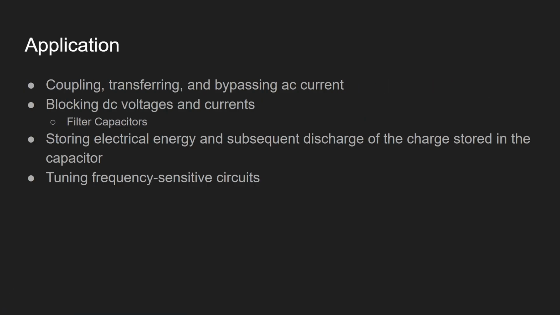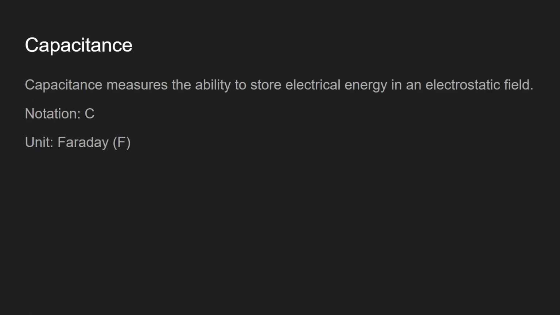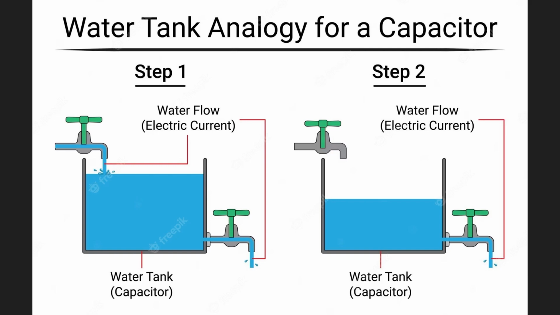Storing energy. I have to go to the next slide first. Why can we store energy? A capacitor actually looks like a water tank. We fill electricity in it. When we use it, we just open the tap and the energy will be released. So this is how a capacitor works. In a DC current, we don't have any alternating, right? So we just put energy in.